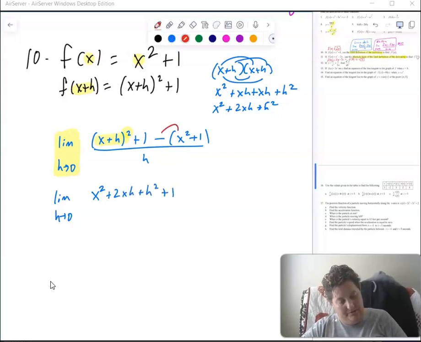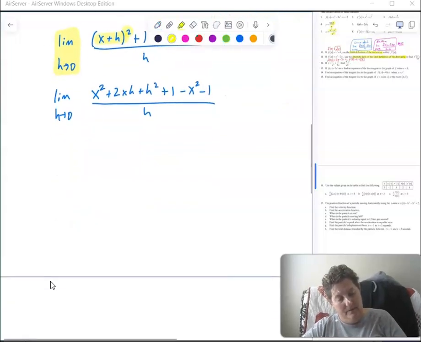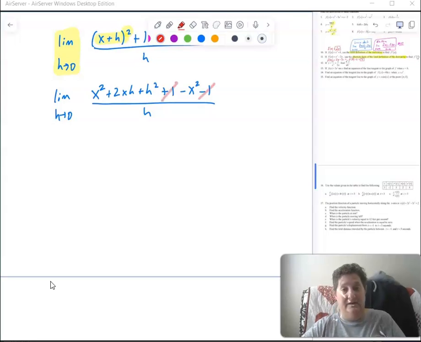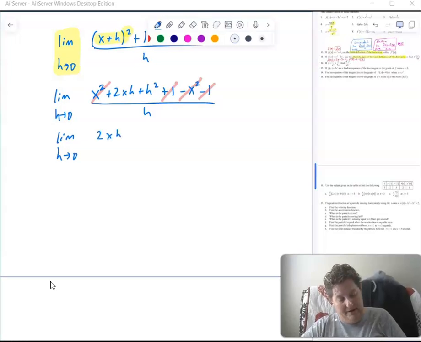And then when I distribute this negative, I get minus x squared minus 1 over h. Now, I always start from the back because those are the things that cancel out. That minus 1 cancels out the plus 1. Minus x squared cancels out the positive x squared. I get 2xh plus h squared over h.